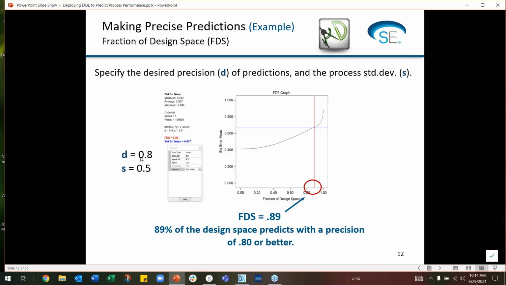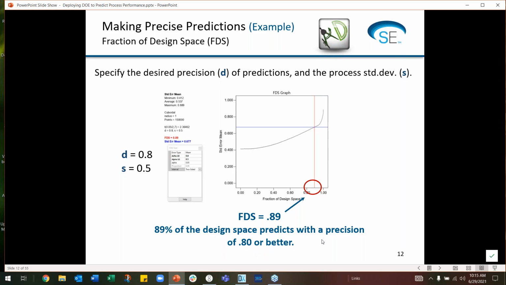So with our desired plus or minus prediction of 0.8 and our standard deviation of 0.5, if we put that into Design Expert for a particular design, it will give us a graph that looks like this, and it will show us the value right here at this point, which is, you can't read it very well here, but it's 0.89. So that says 89% of the design space predicts with a precision of 0.8 or better.